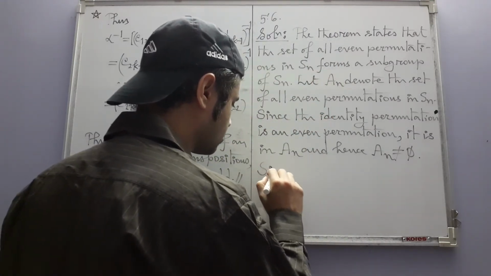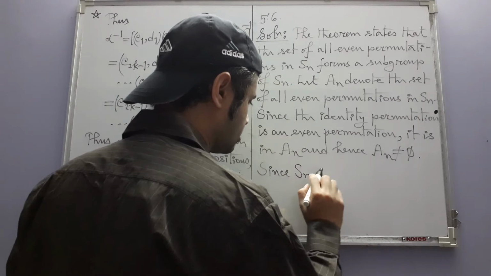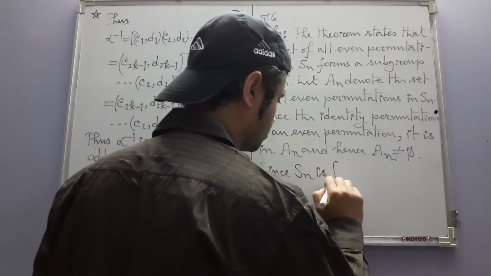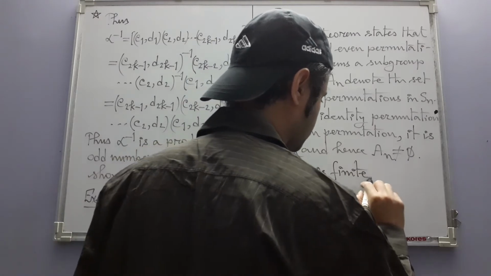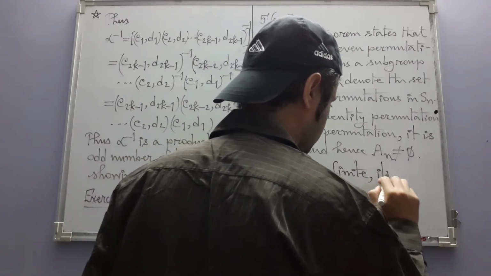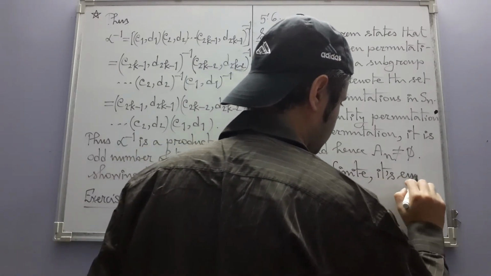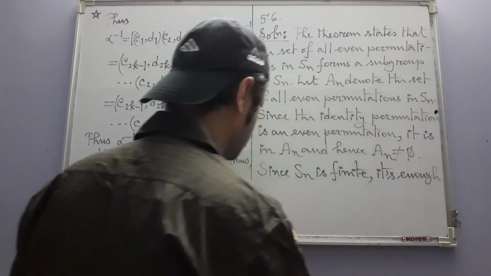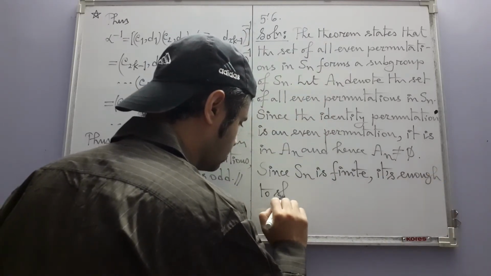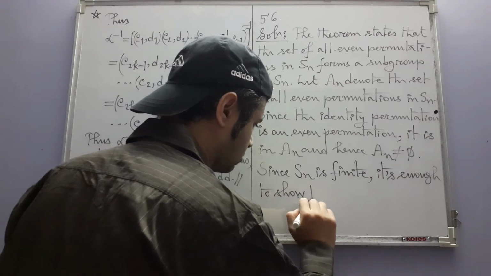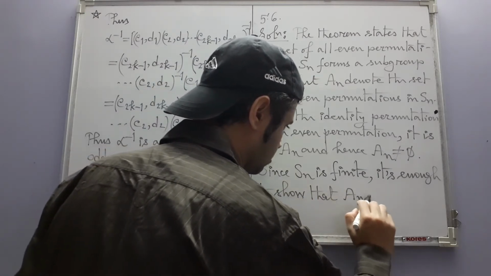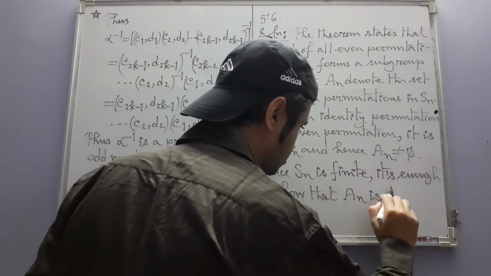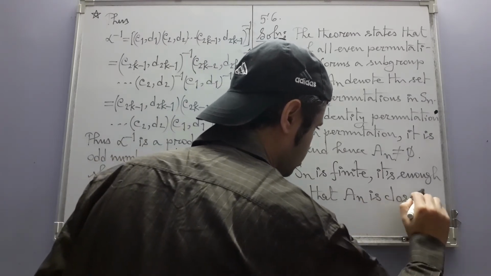Since Sn is finite, it's enough to show that An is closed.